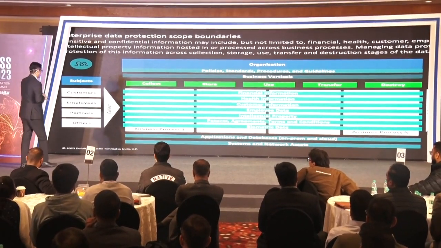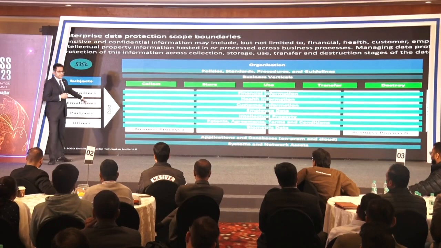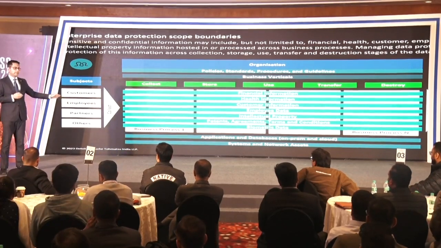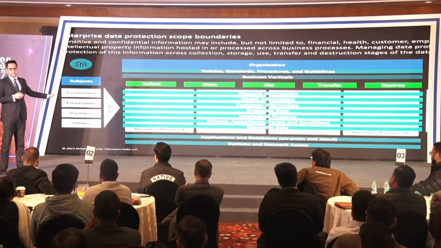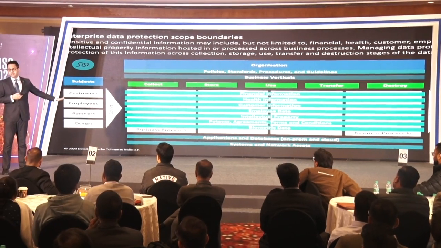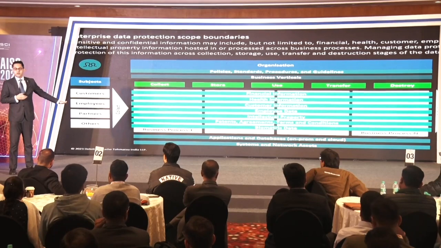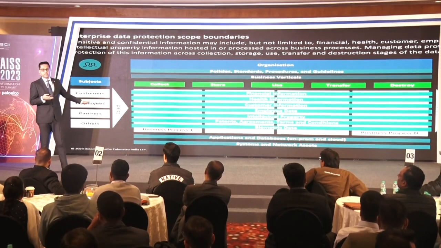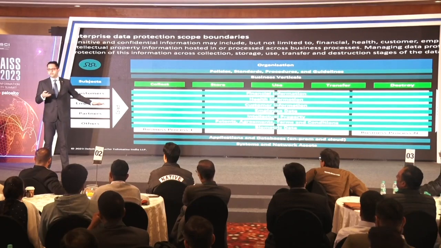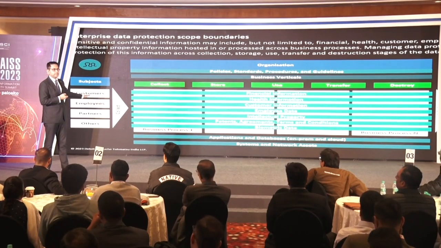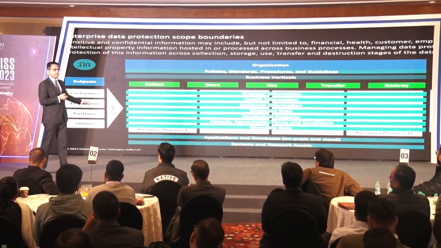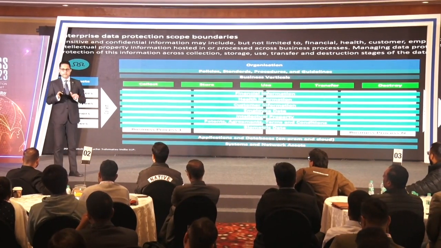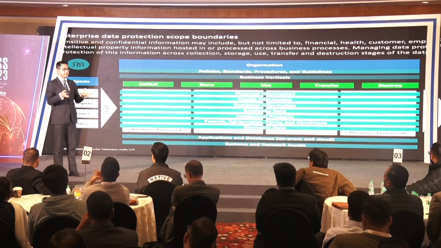Starting from here, which is about the collection, our perspective, based upon our experience, is that not that significant a focus is put while collecting the data. Now, if I talk about privacy as a concept, the principle of data minimization, if applied, helps us significantly to ensure that we are collecting the data rightfully and only collecting the data that is required. But if you talk about non-personal data, the principle may still apply.